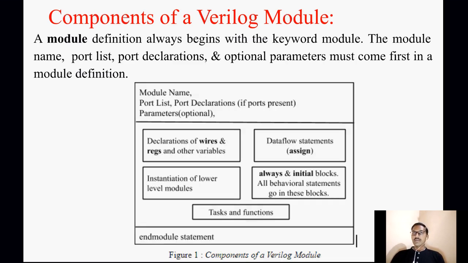A module definition always begins with the keyword module. The module name, port list, port declaration, and optional parameters must come first in the module definition. So let's see the different components in the Verilog module.